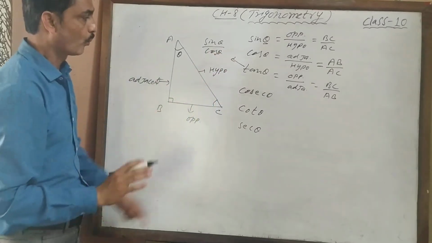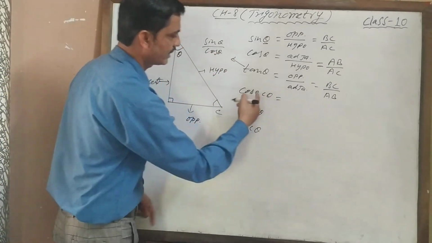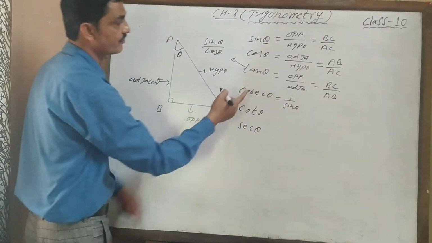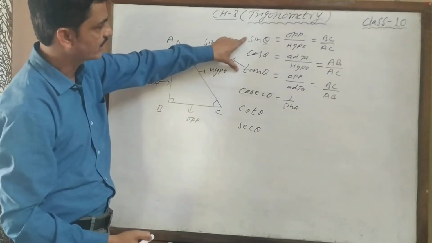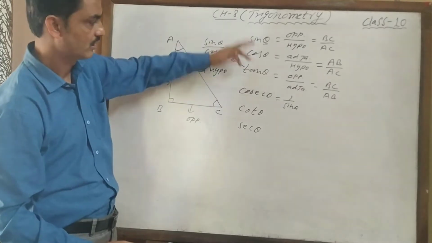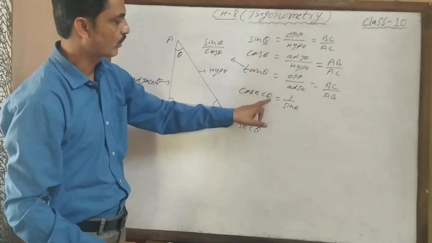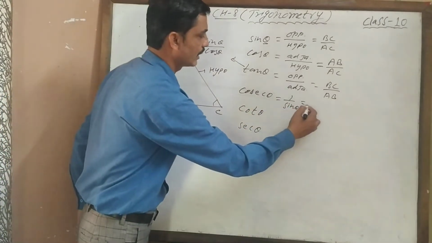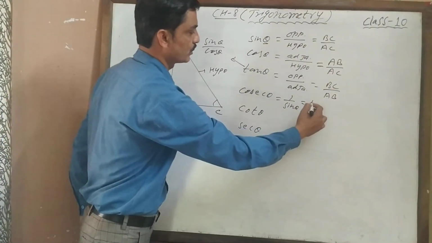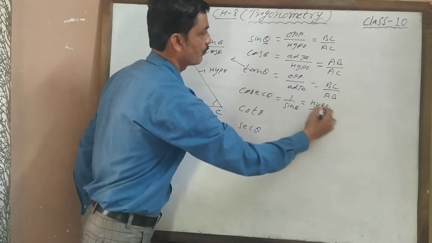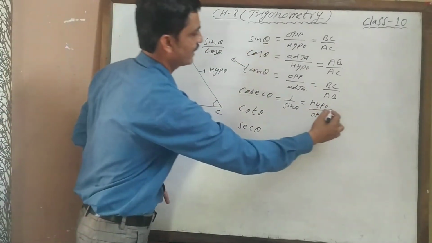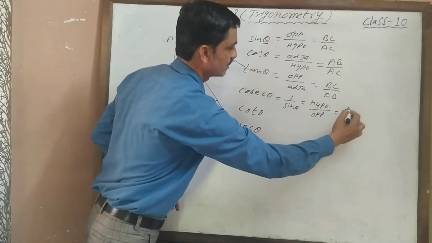Understand? What is cosec theta? Cosec theta is equal to 1 upon sine theta, the reciprocal of sine theta. Sine theta and cosec theta are reciprocal to each other. Sine theta is equal to 1 upon cosec theta and cosec theta is equal to 1 upon sine theta. So what will we get here? Hypotenuse upon opposite, or we can write AC upon BC.